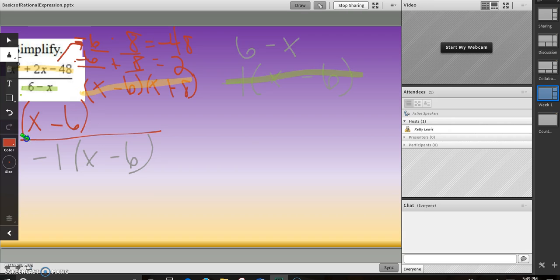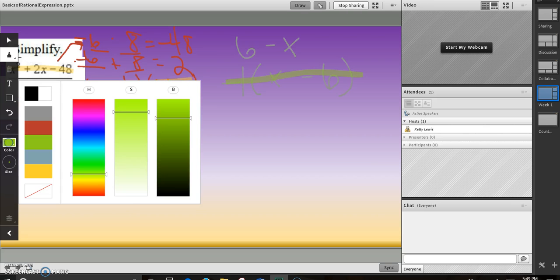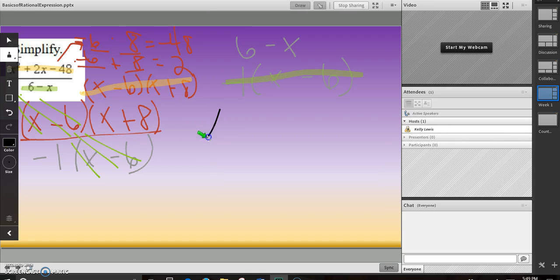I know I'm on the right track because I have something in common on the top and the bottom. Let's go a different color. This x minus 6 and this x minus 6 go away, so what I'm left with is x plus 8 over negative 1.